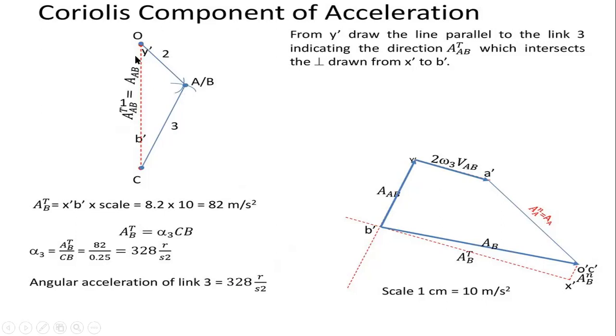This is the space diagram, and from y dash we draw the line parallel to link 3, that is the CA or CB line. I have drawn this, indicating the direction of the tangential acceleration of AB.